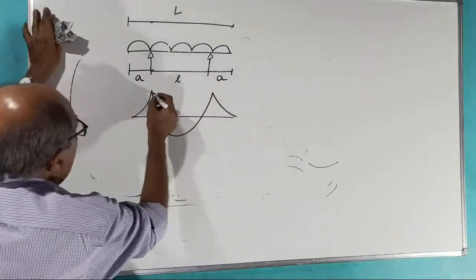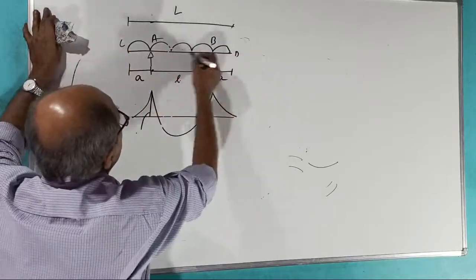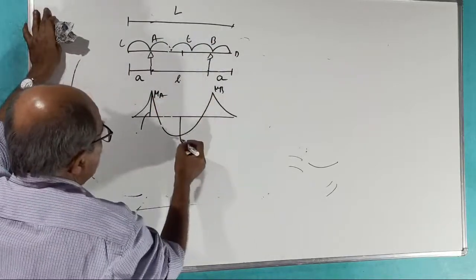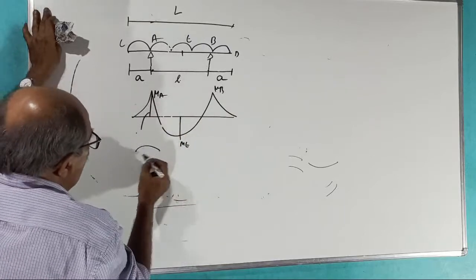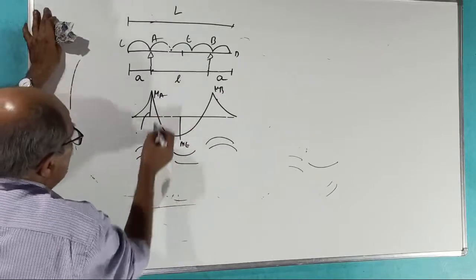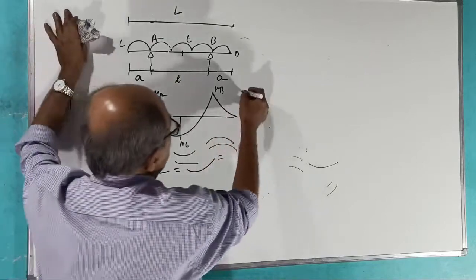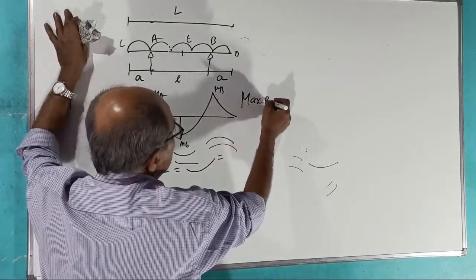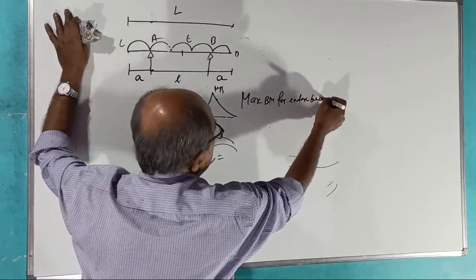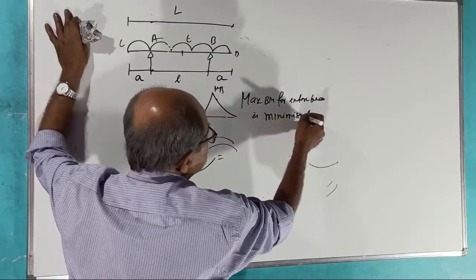M at A and M at B are hogging, and M at E, the center, is sagging. When the BM at A equals the BM at B equals the BM at E, it is called the maximum BM for the entire beam, which is minimized as much as possible.